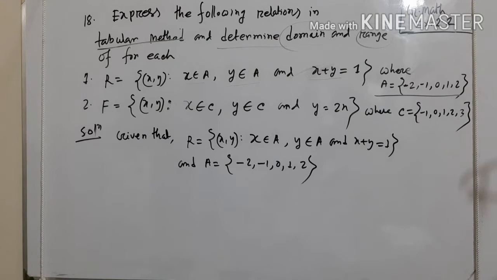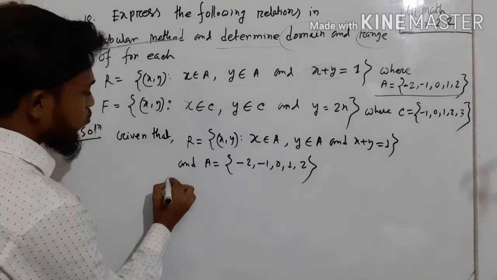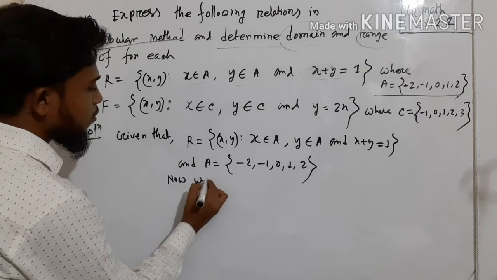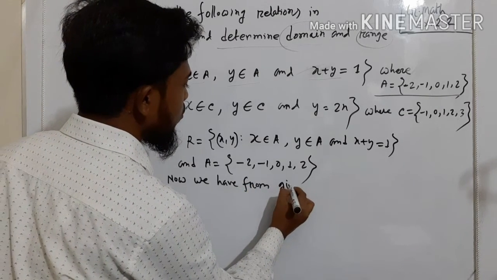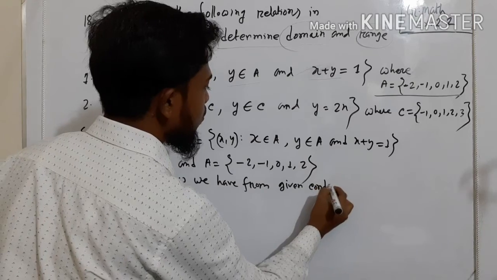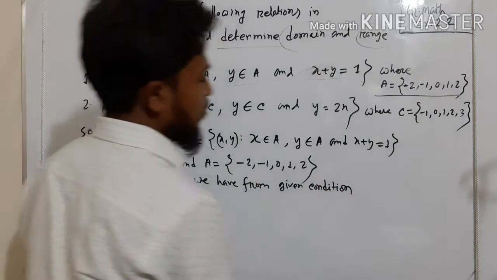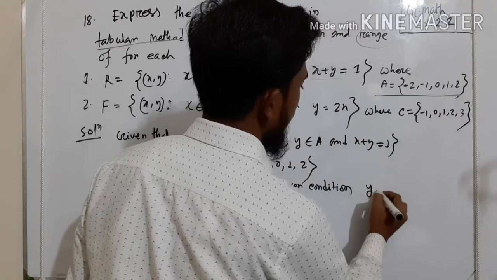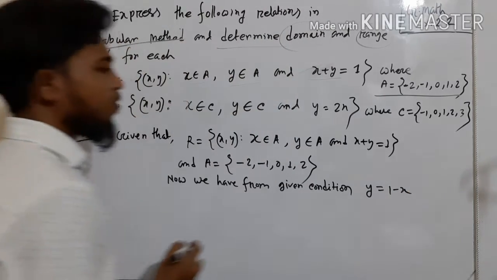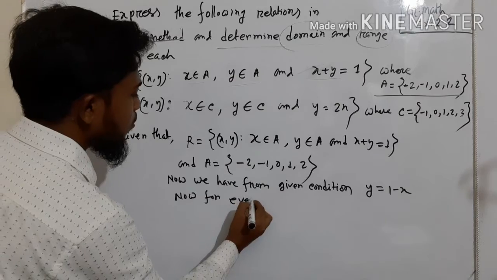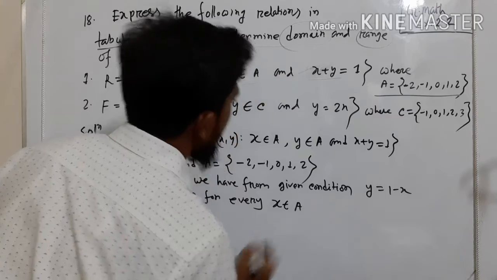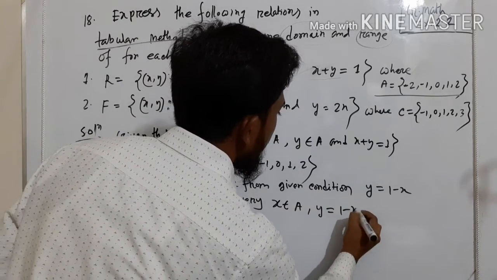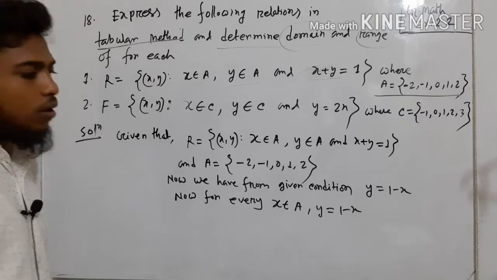Now we have from given condition, we can write y equal to 1 minus x. Now, for every x in A, y equal to our given condition, y equal to 1 minus x.